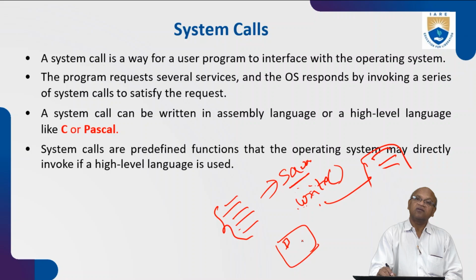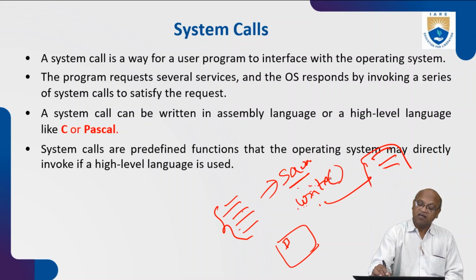So you can understand the sequence: first the user writes the program, and once you press the save button, the program is automatically saved in the hard disk. But how is it saving? By invoking the write system call.